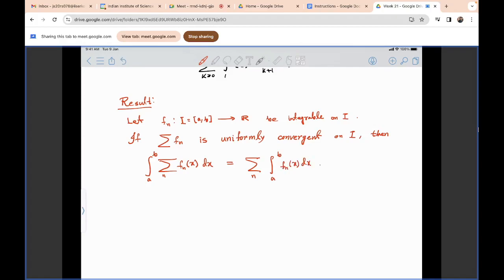It says that if the series is uniformly convergent, then we can interchange the integral and summation.